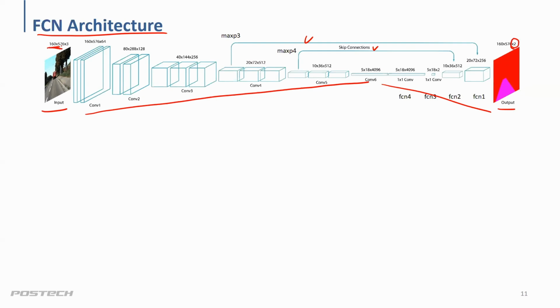The size should be the same as the input because we have to classify each pixel. And we want to recognize the road that we are allowed to go.